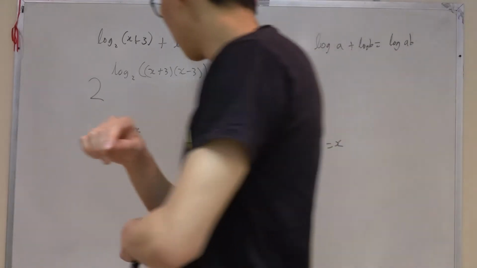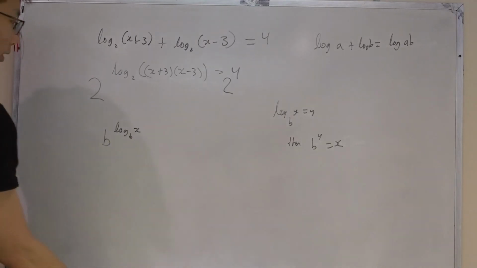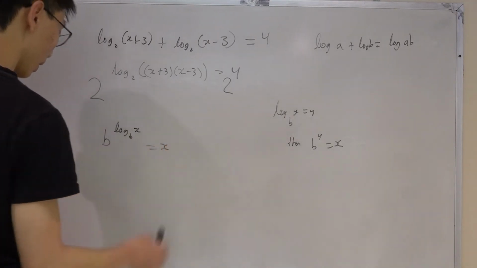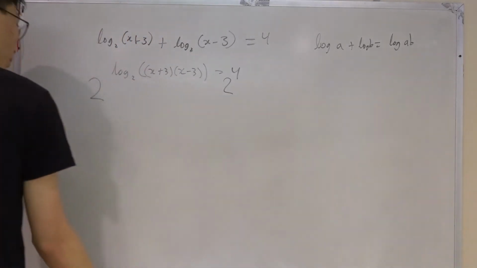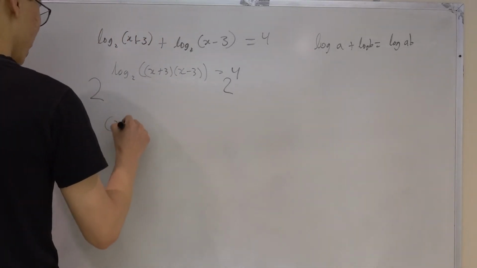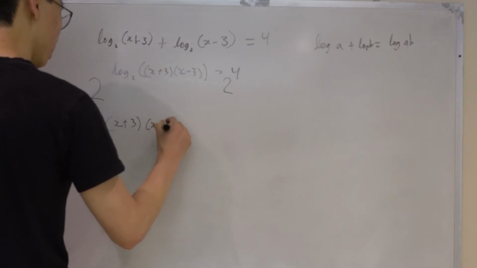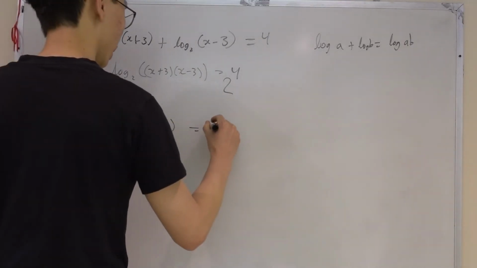So the exponential and the logarithm cancel each other out. So this is equal to x. Now that we got that out of the way, we can bring down the thing in the log, and we get this.